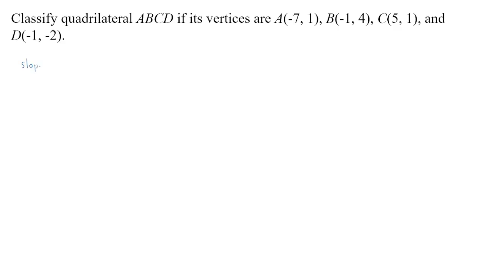So the slope of segment AB is 4 minus 1 over negative 1 minus negative 7. 4 minus 1 is 3. 1 minus negative 7 is 6, which is 1/2.